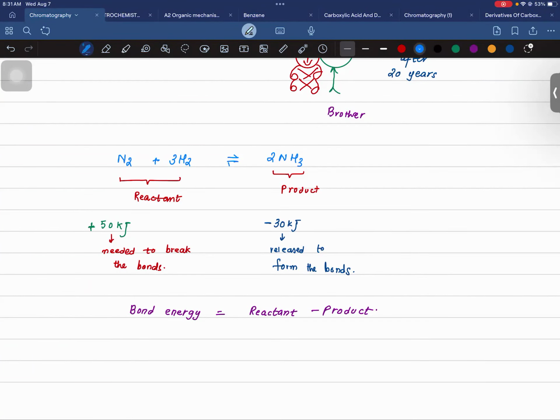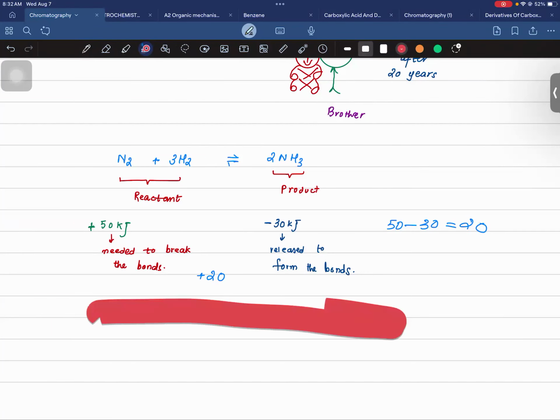As you can see, I'm not going to apply this formula right now. The answer would be plus 20, because the difference 50 minus 30 is equal to 20. 20 is positive.